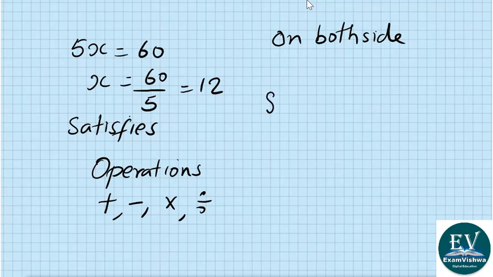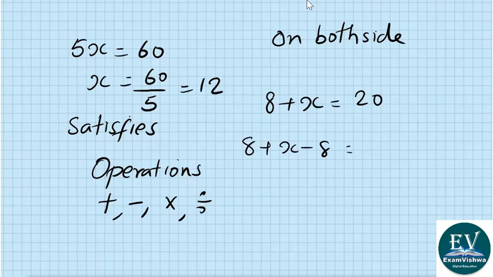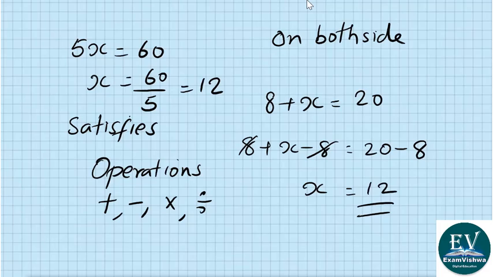For example, 8 plus x is equal to 20. So to remove 8, we will subtract 8 from the left side. 8 plus x minus 8 becomes x, and 20 minus 8 becomes 12, and you get x. That principle we used. On both sides, if you subtract, add, multiply or divide, the equation is balanced.